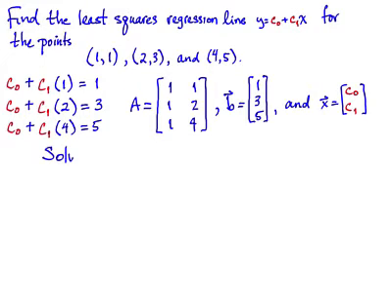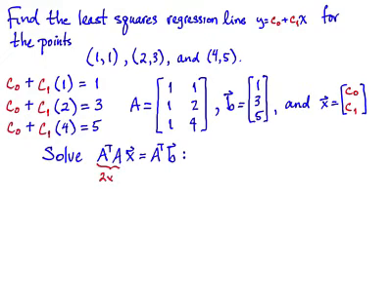But what we're going to do instead is solve this system: A transpose times A times x is equal to A transpose times B. And so let's set up that system. Now, first notice this is going to be a 2 by 2 system because A transpose times A is a 2 by 3 times a 3 by 2.